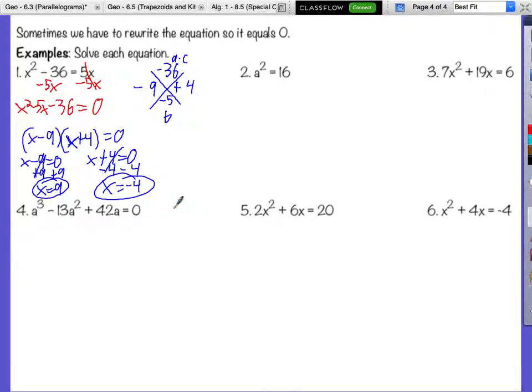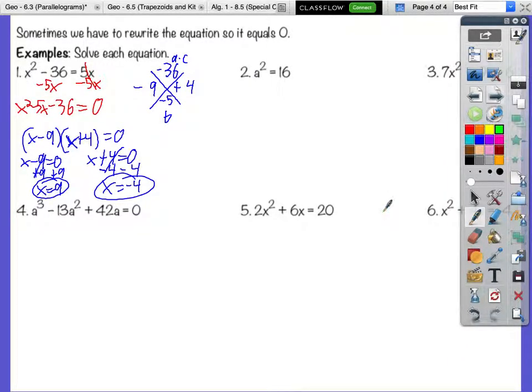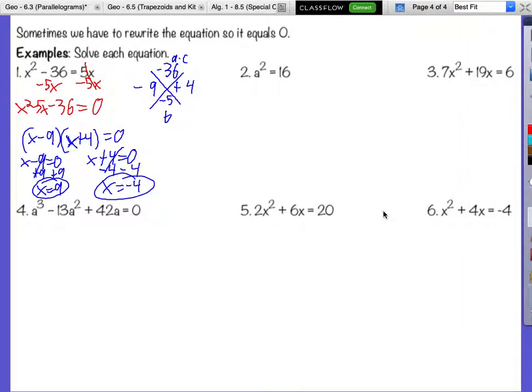Questions on that first one? This page. Okay, second one. Is it already set up equal to 0? No. So what do we have to do? Make it equal 0. Derek, how do we make the second equation equal 0? Subtract 16. Because if we take 16 away from both sides, we'll have a squared minus 16 equals what? 0. And is that what we want? Yes.